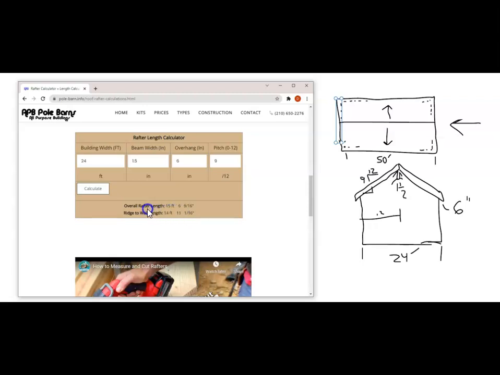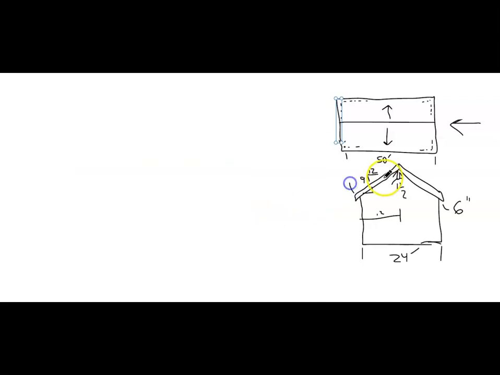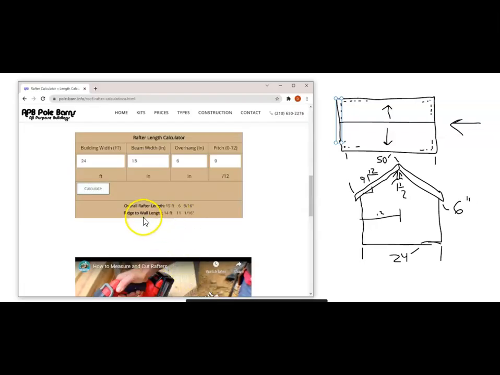That tells us that our overall rafter length is, I'm going to cut out the fractions and just call it 15.6. That's including the overhang, which is exactly what we need, because there are shingles down there. The ridge to wall length is 14/11, so that's not including the overhang.